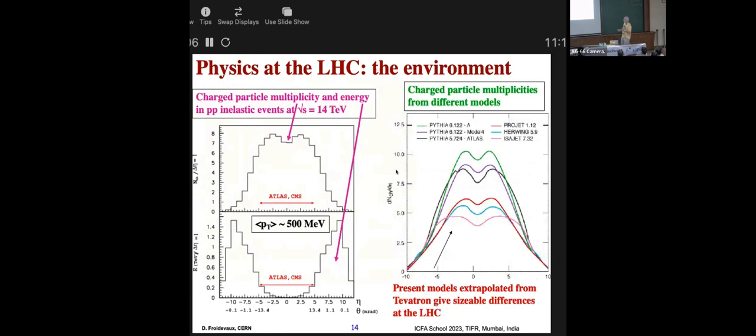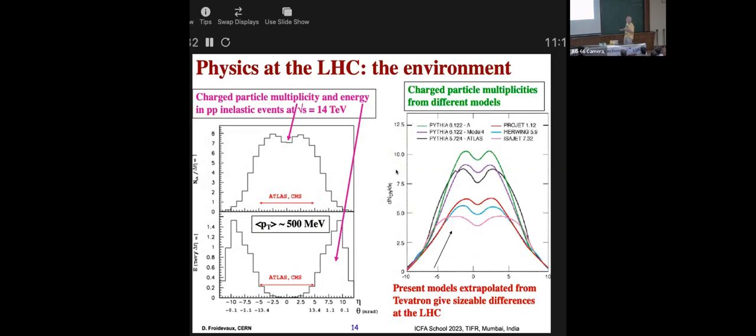So in ATLAS and CMS, we had all this work done to try and understand what we would need to do in terms of the rapidity coverage of the detectors. Here you see, for example, the charged particle multiplicity, how many particles we produce from inelastic interactions at 14 TeV. So around 8 per unit rapidity.